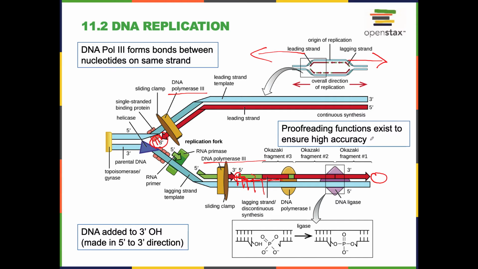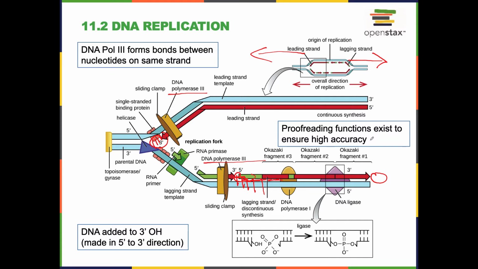That's 60,000 words a minute. Actually, 60,000 letters, right? But it's still pretty fast. So it makes errors occasionally, but it can go back and fix some of the errors that it makes. We'll talk about proofreading a little bit later and then its implication in our copying of DNA. And that's all I want us to know.